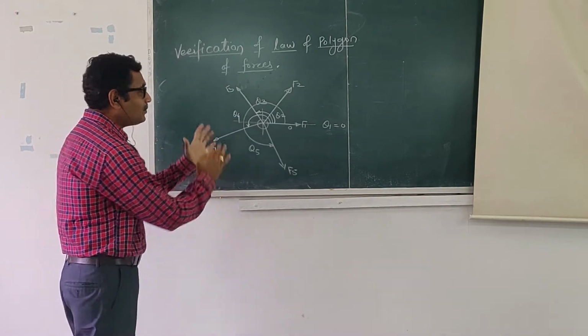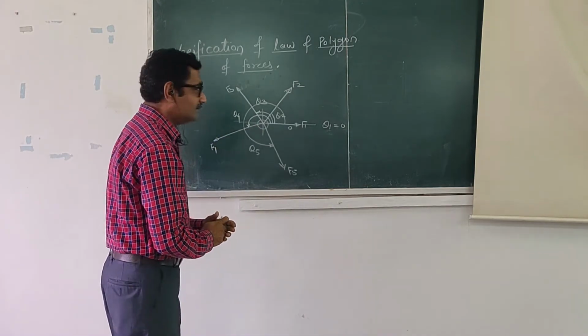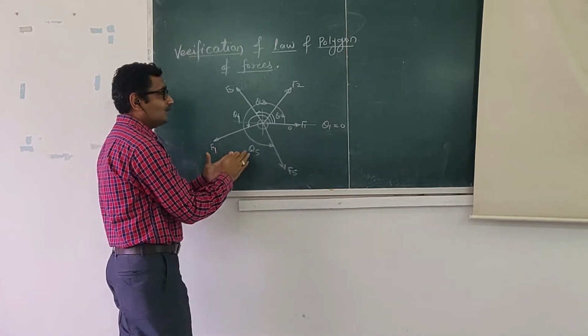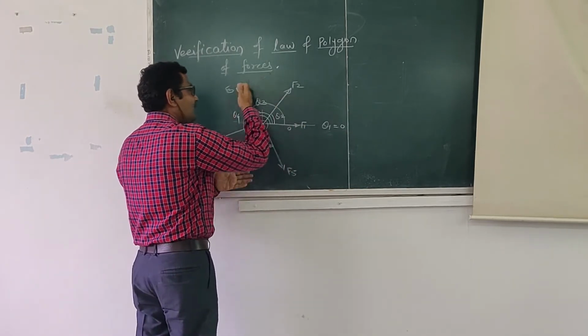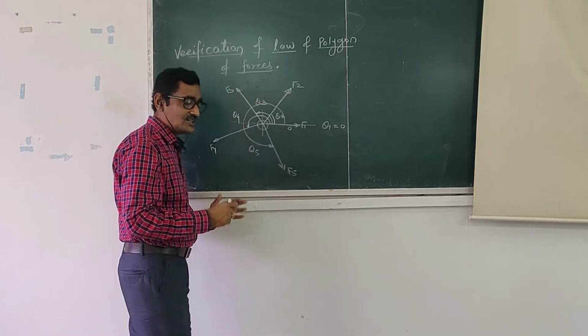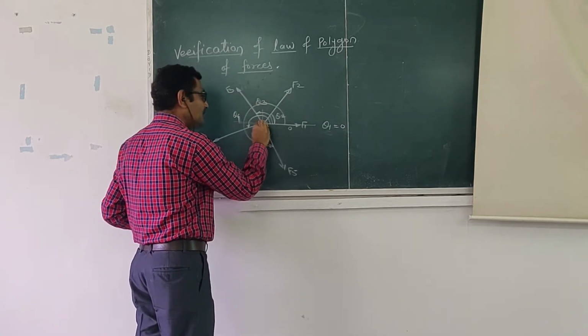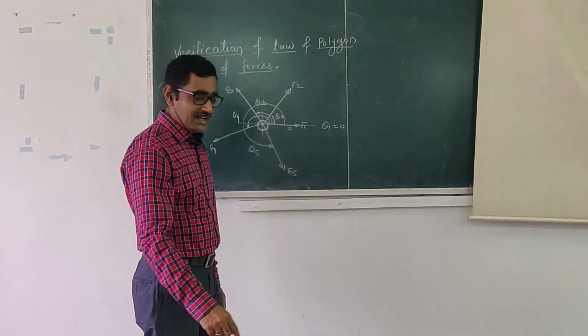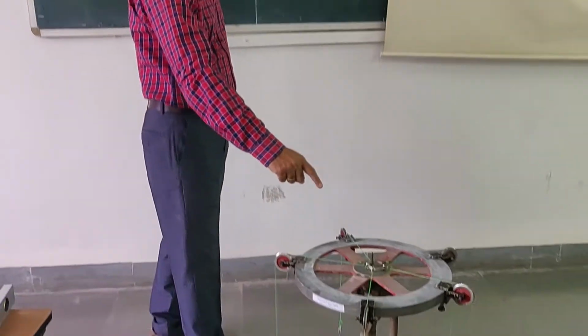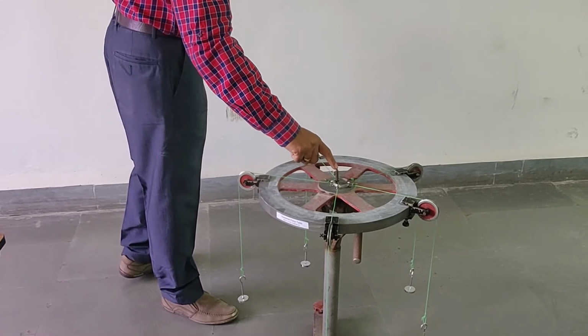Okay, so we have to create this force system which will be in equilibrium. To create this system in equilibrium, you have to adjust the magnitude of these forces as well as direction so that this ring is exactly at the center. You will observe that in this force table there is one pivot at the center.